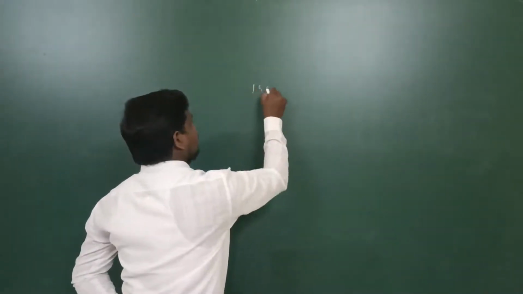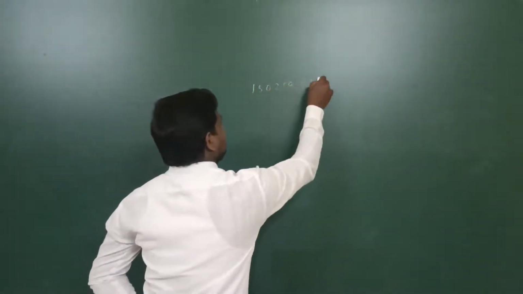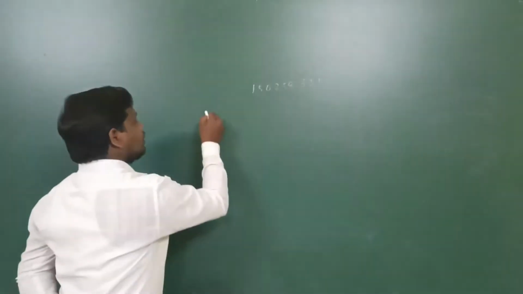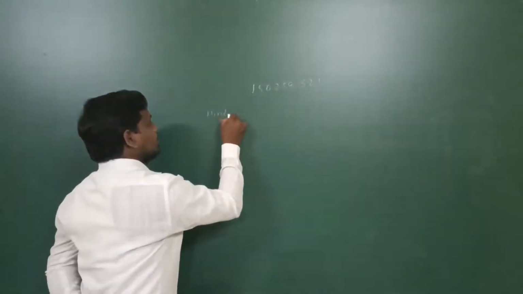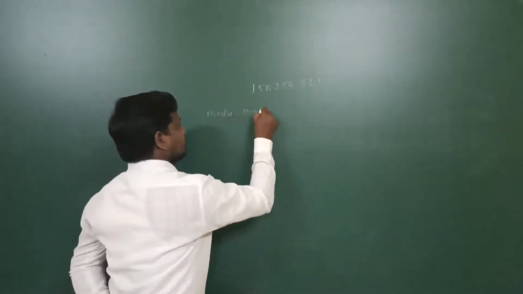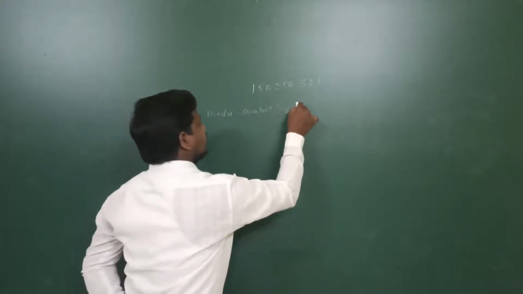For example, 150259321. The first one we are going to express in the form of the Indo-Arabic system, or Indian system.